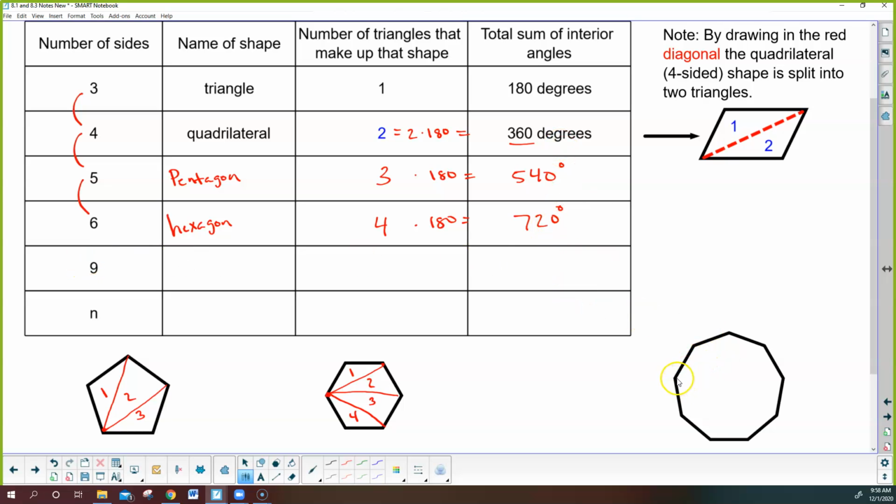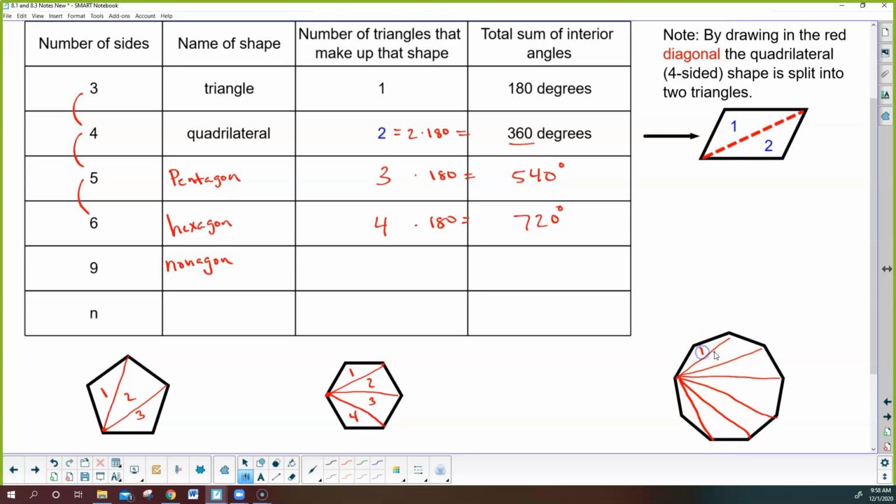But if you started off with a 9-sided shape, which, by the way, is called a nonagon, and then if I draw this in, it's going to get kind of messy, right? Especially with my handwriting and drawing ability.